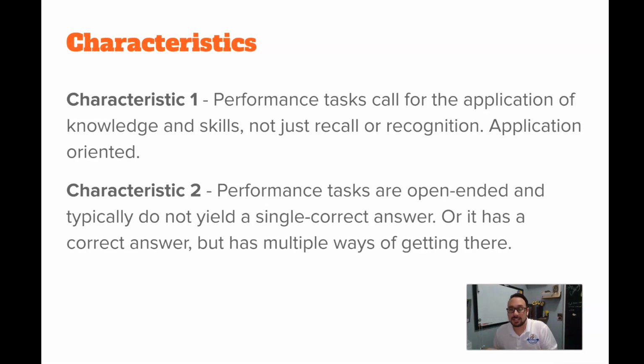They perform or create something, which means that it's open-ended. There's no one right answer. It's non-Googleable, right? So they have to use their knowledge, create something, and because it's creative or students are making something authentic, no one else has that same thing, which is great.